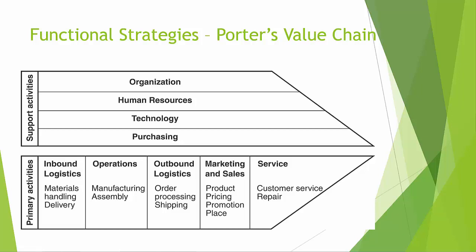But all of these are represented in some way, shape, or form in every business. So this gets at the functions, the activities that happen inside an organization. It also helps you to analyze the decisions that an organization makes, which I will tell you about in just a minute. Let's walk our way through some of the primary activities though.